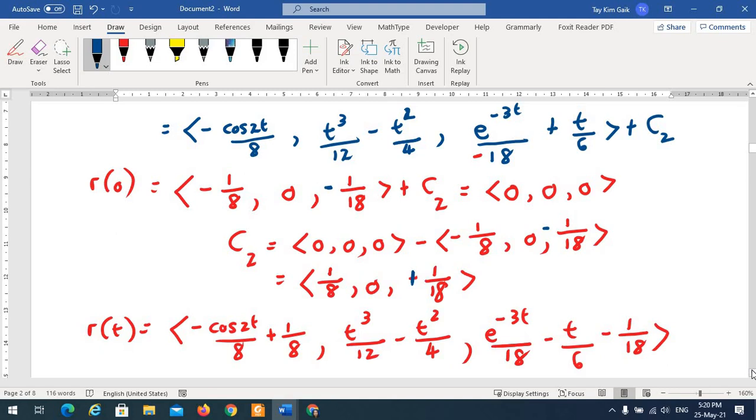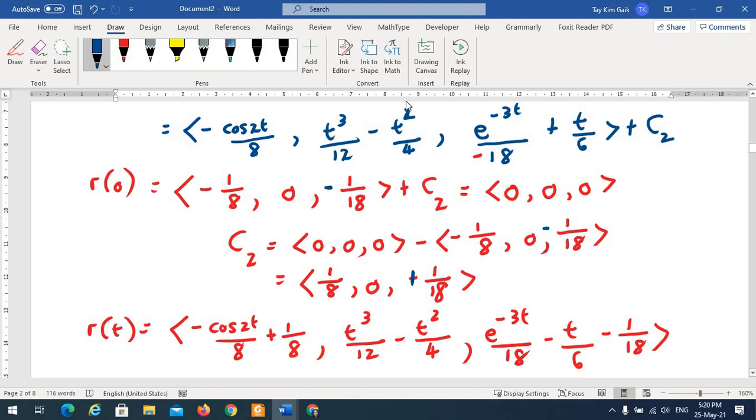For the difference in r(t), it takes negative cos 2t over 8, add up with component i from C2, so plus 1 over 8. Component j of r(t) is t cubed over 12 minus t squared over 4, add up with 0 to get back the same expression.